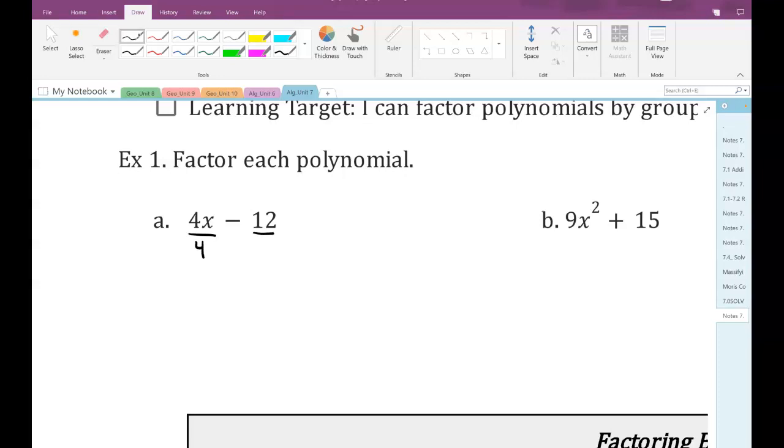So you divide each term by 4, and then you write it in factored form. So you have 4(x minus 3). I take 4x divided by 4, and then negative 12 divided by 4, I get negative 3. This is just a little review.